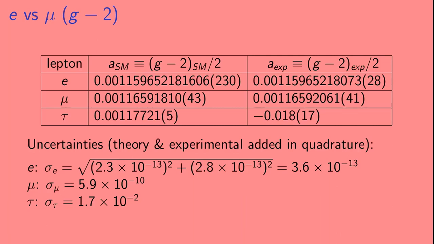This gives the uncertainty on the difference between the prediction and the measured result. We get that sigma E equals 3.6 times 10 to the minus 13. And similarly, for sigma mu, we get 5.9 times 10 to the minus 10. And for sigma tau, we get 0.017.